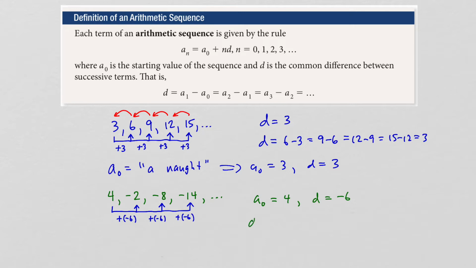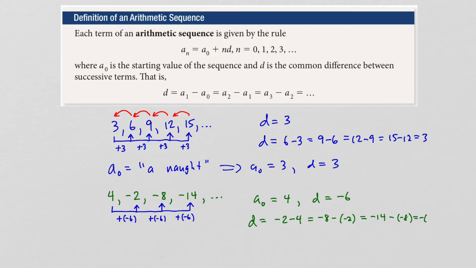And of course, another way to get that common difference is I could just subtract the second term minus the first term, so -2 minus 4. Or I could have subtracted the third term minus the second term, so -8 minus -2, and so on. I could take -14 minus -8.